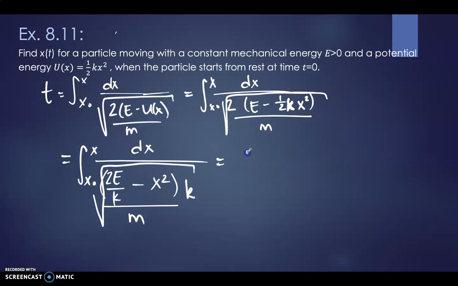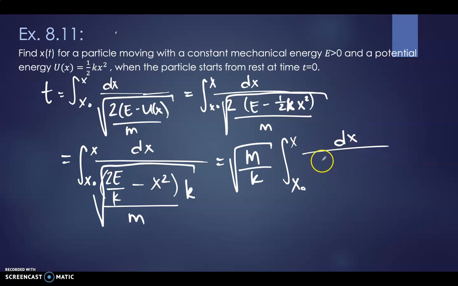So that would really just be square root of m over k, integral from x naught to x, dx over the square root of 2e over k minus x squared.